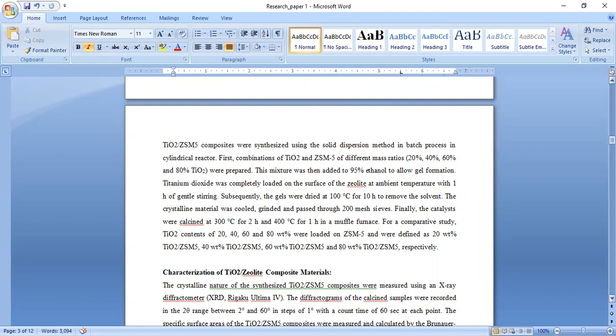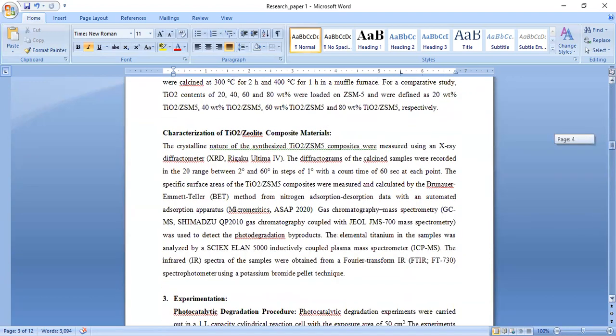So the catalyst has been characterized by the X-ray XRD method. So diffractograms of the calcined catalysts have been recorded in the 2 theta range between 2 degrees to 60 degrees, with a count of 60 seconds at each point.